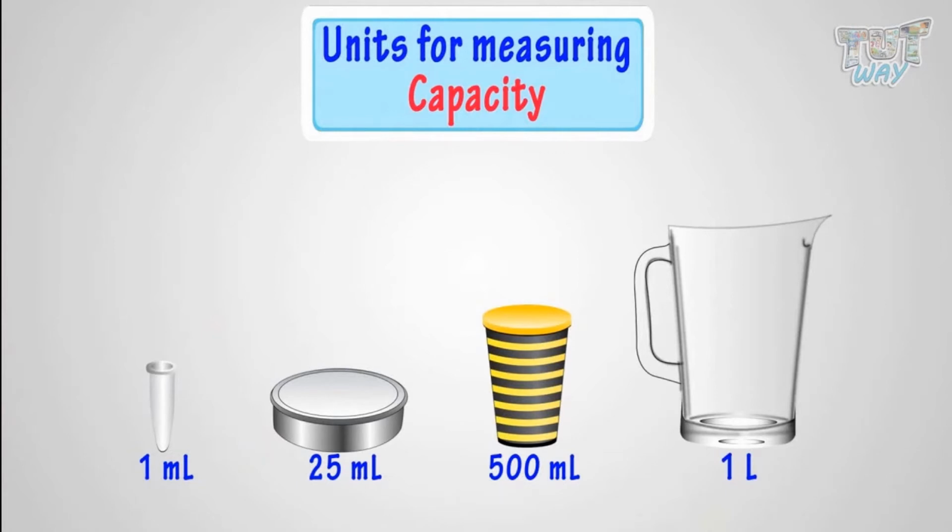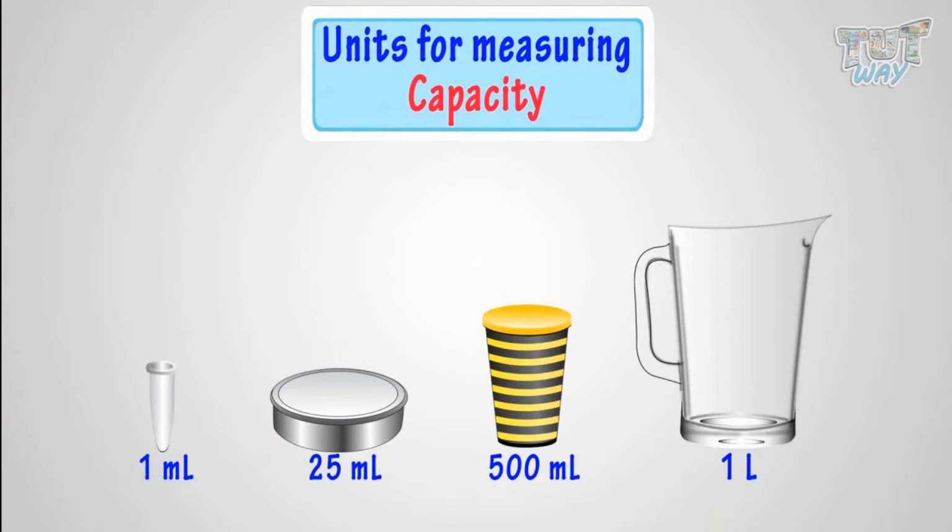Now we have different sizes and capacity of cups of containers in this slide. Okay, can you read the first one? The biggest one is 1 liter. The next one, the cup with the orange with the yellow and black stripes on it, is how many milliliters?